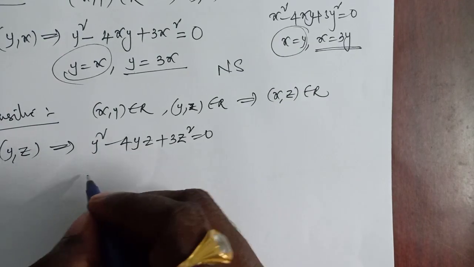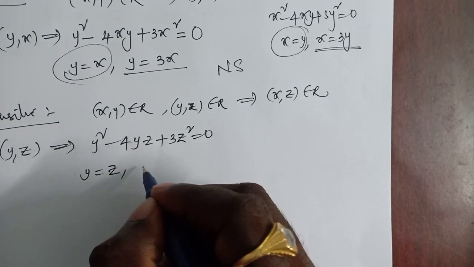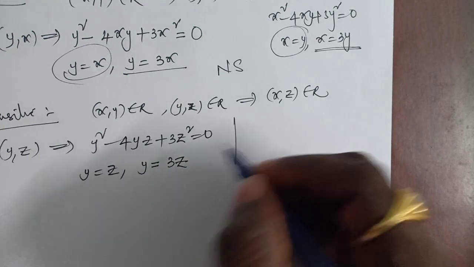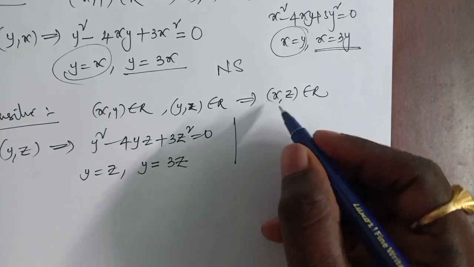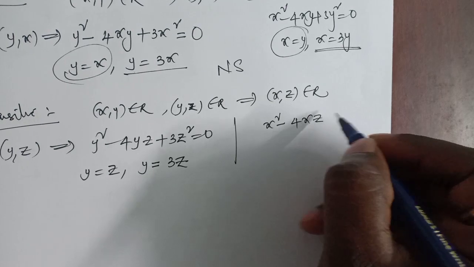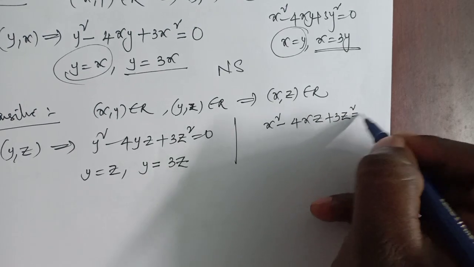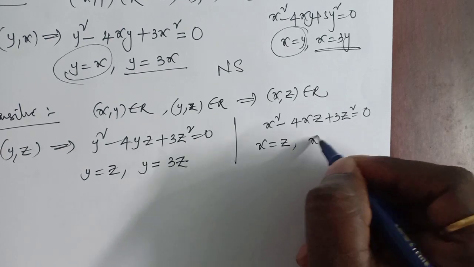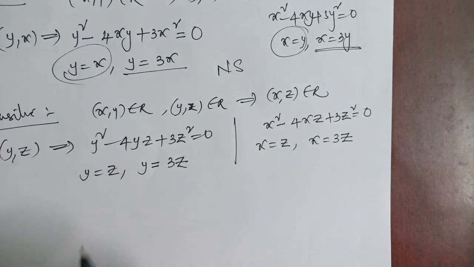Now what we get? y equal to z and y equal to 3z. Now coming to xz, x square minus 4xz plus 3z square equal to 0. Clearly what we get, x equal to z, x equal to 3z.